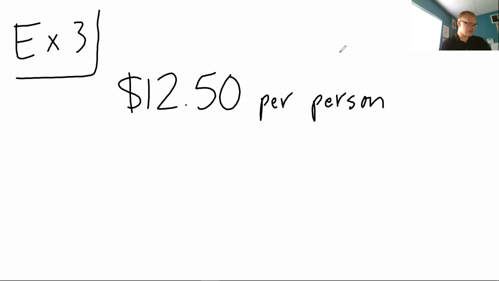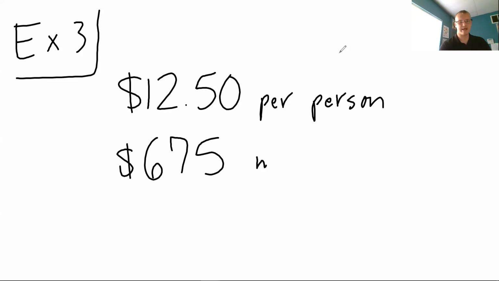And that was for admissions. In 1 hour, the park raised $675 in admission fees. $675 is how much they made. Write and solve an equation to find out how many people visited that hour.